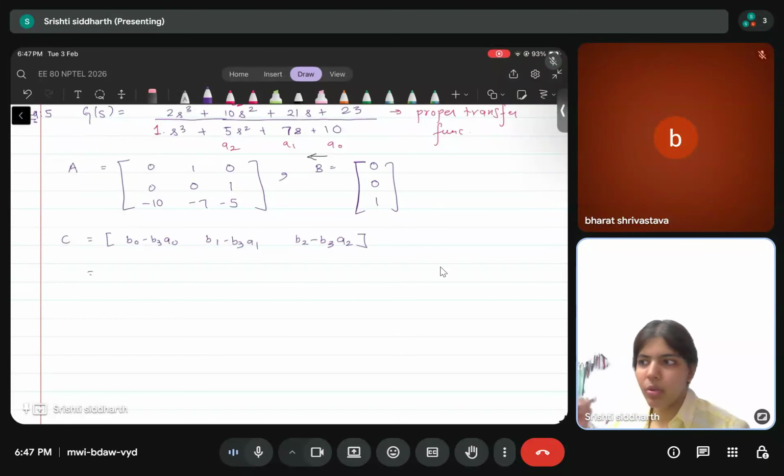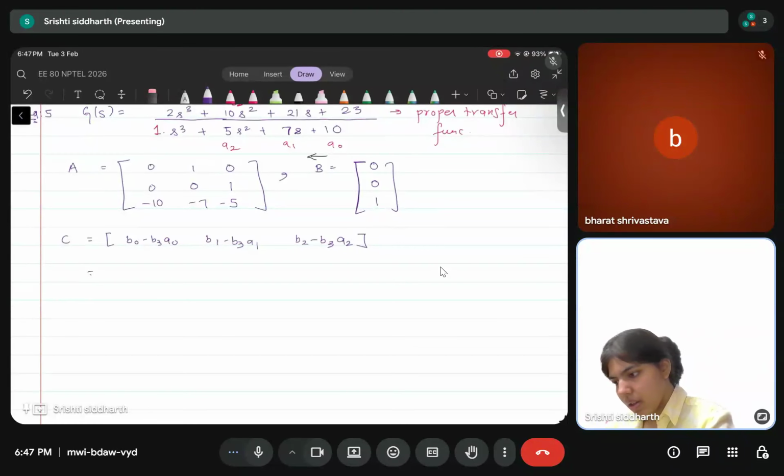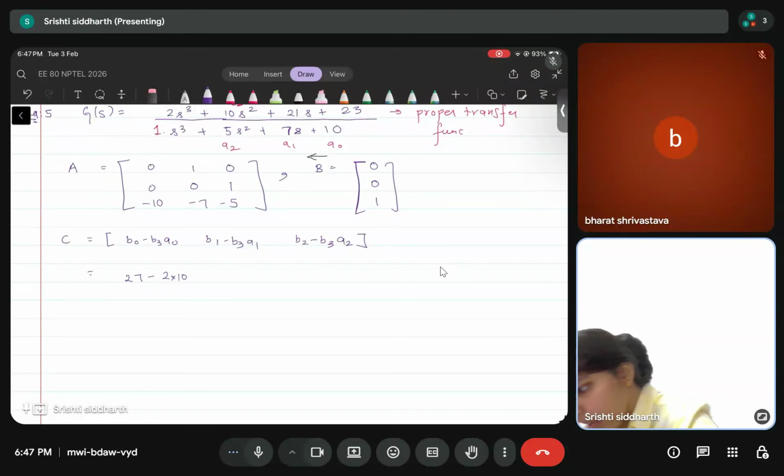We already have the coefficients. So this is 23 minus 2 into 10, so 23. Then it's 21 minus 2 into 7. Then we have 10 minus 2 into 4, which is 370.